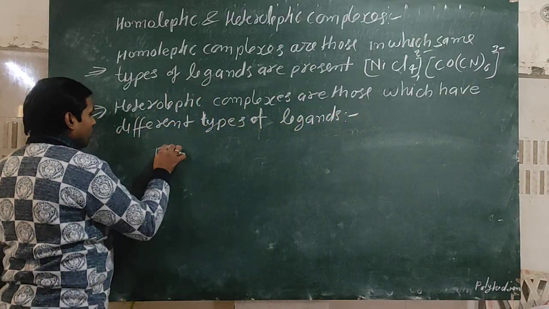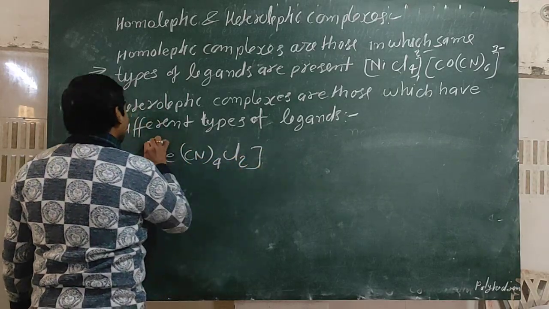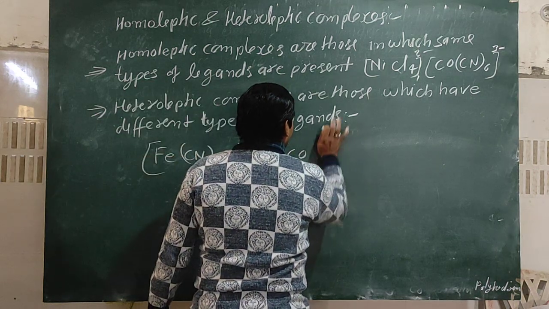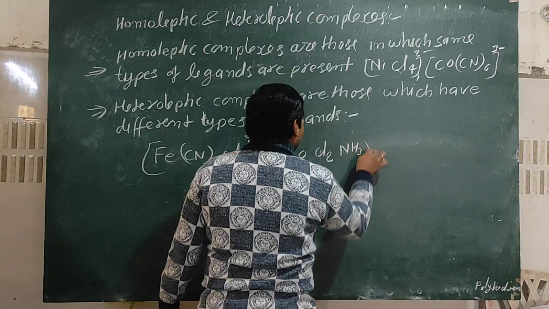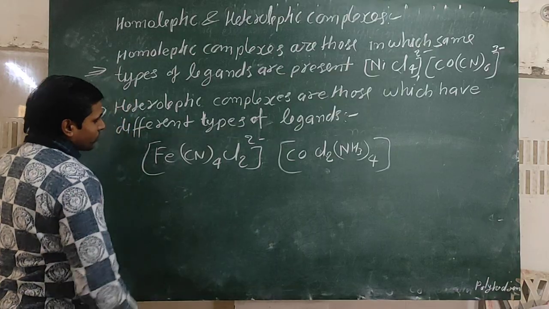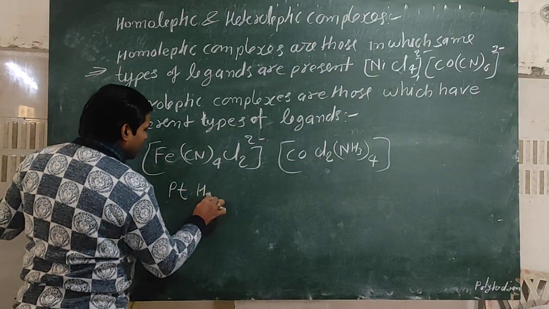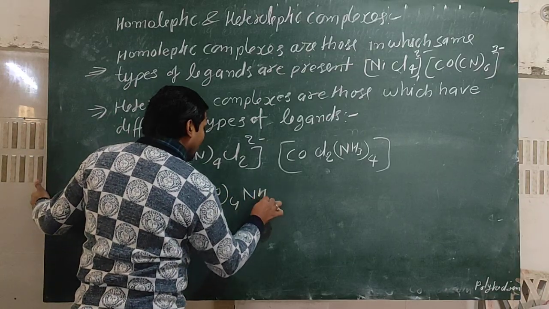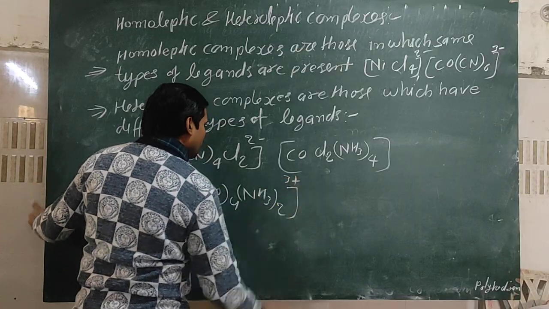For example, [Fe(CN)4Cl2] 2 negative charge, [Co(NH3)4Cl2], and [Pt(H2O)2(NH3)4] 3 positive charge.